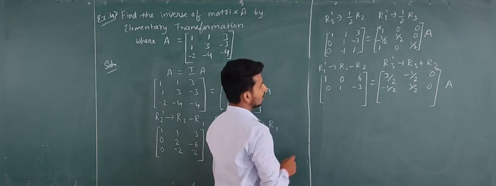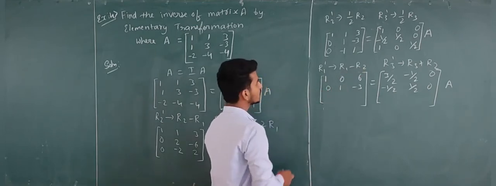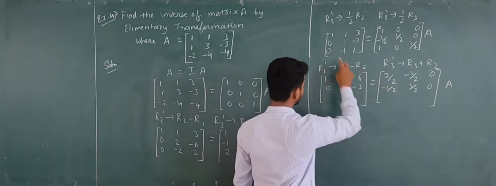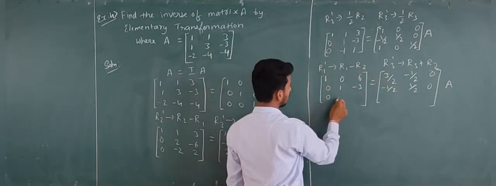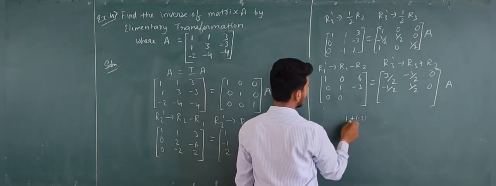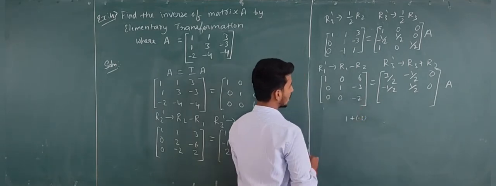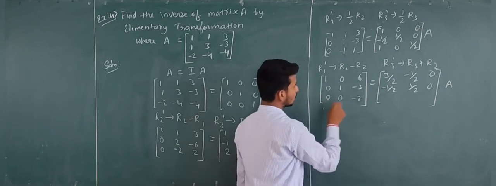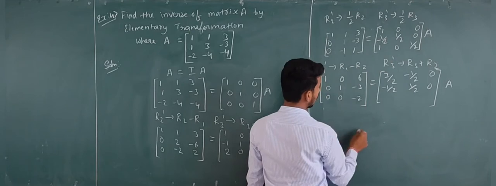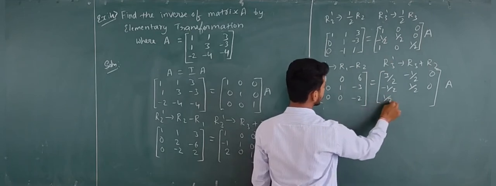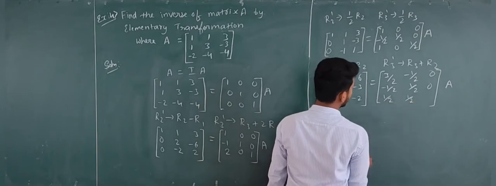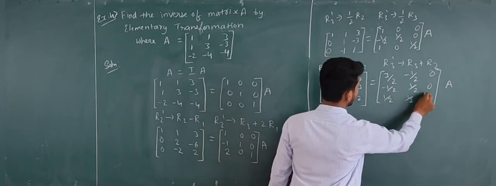Next we have to change the third row, that is R3 plus R2: 0 plus 0 is 0, minus 1 plus 1 is 0, 1 plus minus 3 will be minus 2. So minus 2. Here 1 minus 1 by 2 will be plus 1 by 2, 0 plus 1 by 2 will be 1 by 2, and 1 by 2 plus 0 will be 1 by 2.